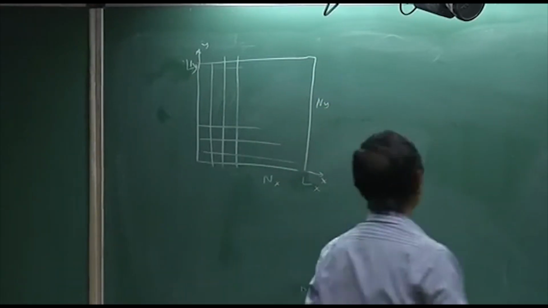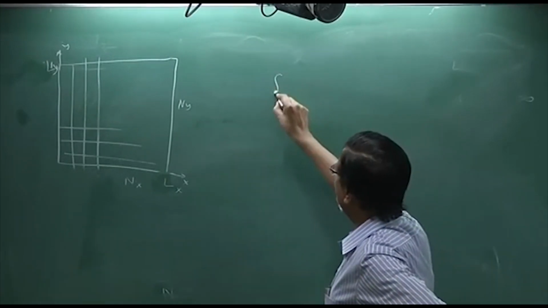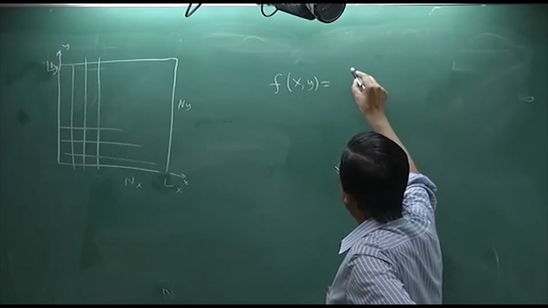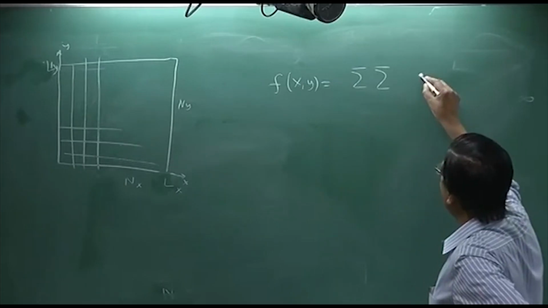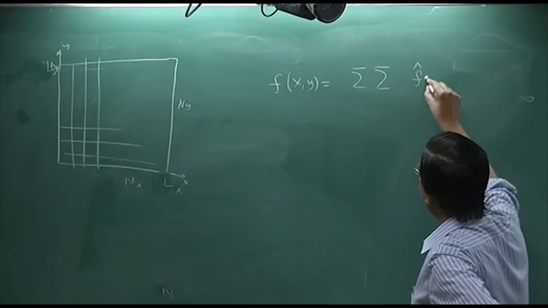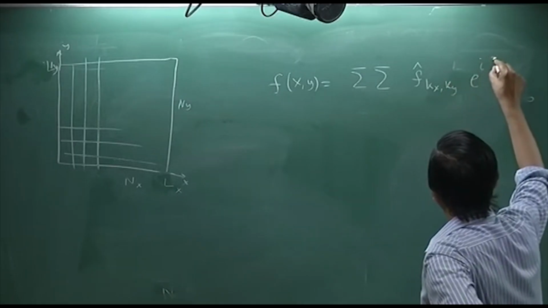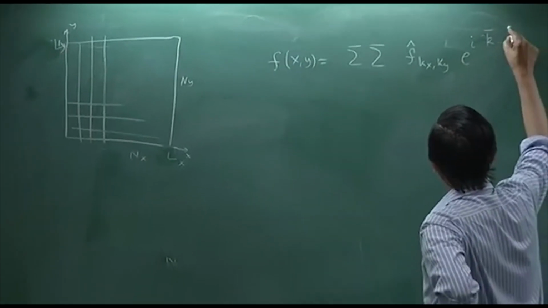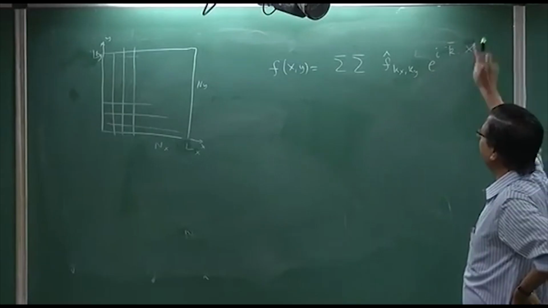So, what is the definition of the transforms? I will just work in 2D. f of x y is the two sums of f hat of kx ky times e to the power i k bar dot x bar. And what is k bar?